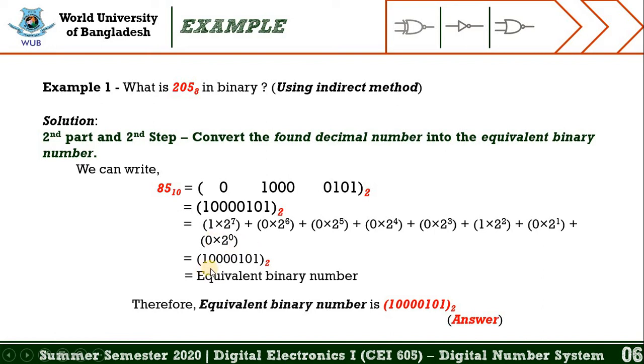And the equivalent binary number is 1000101. This is the equivalent binary number of the given octal number. So that's the answer of this problem. Let's move into the next slide.